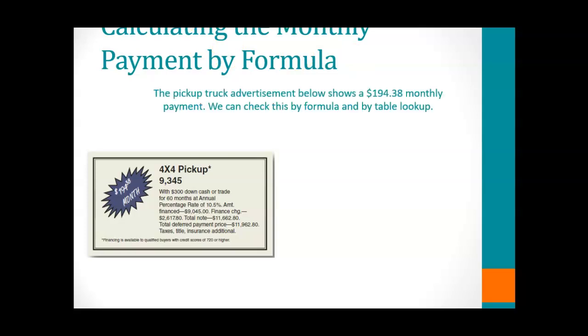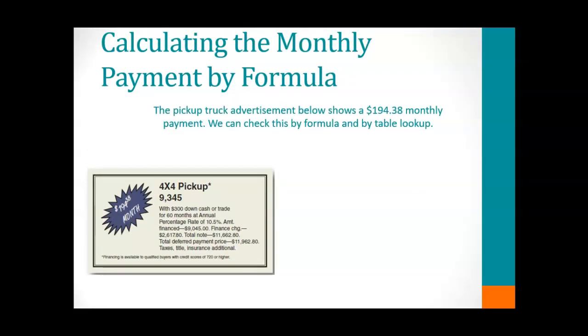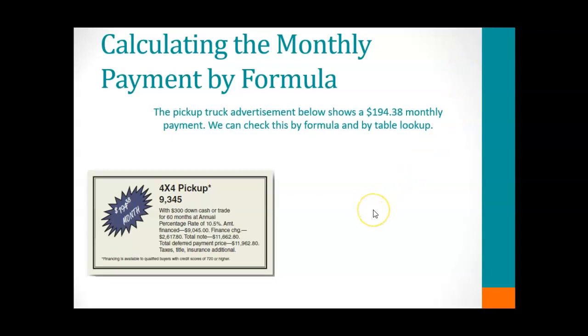Okay? We can also use a formula in order to calculate the monthly payment amount. They told us in our example the payment will be $194.38, but we can check that. So here's the information. They're saying the cost is $93.45.